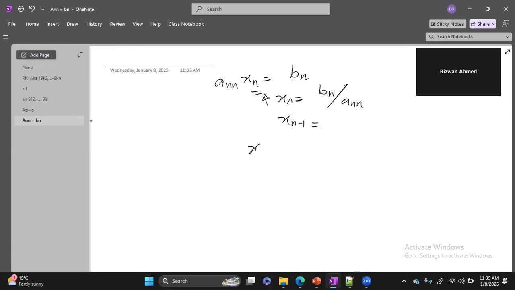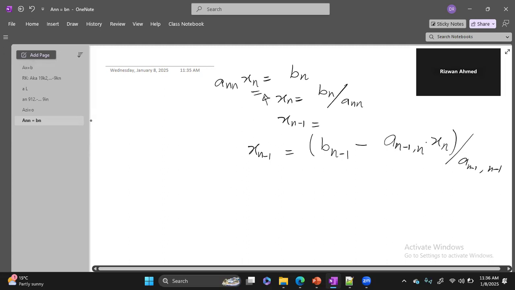So we can say xn minus 1 will be equal to the corresponding b value, bn minus 1, minus a(n minus 1, n) multiplied by xn, and the whole divided by a(n minus 1, n minus 1).